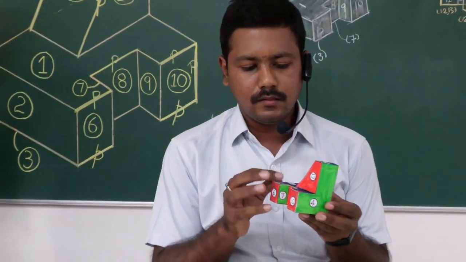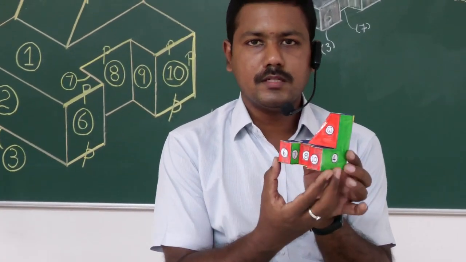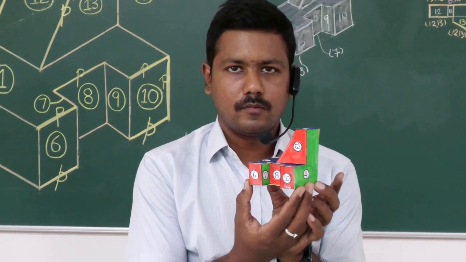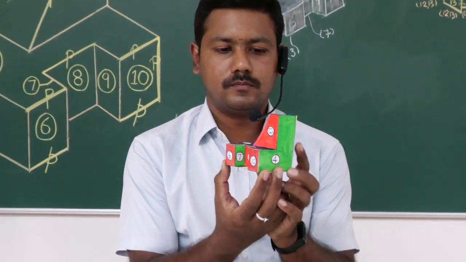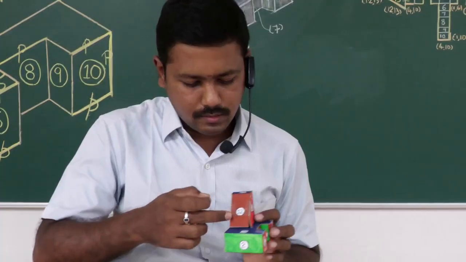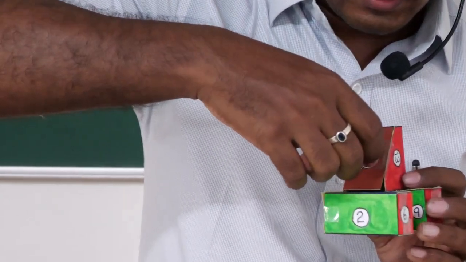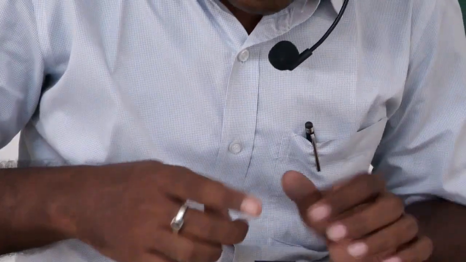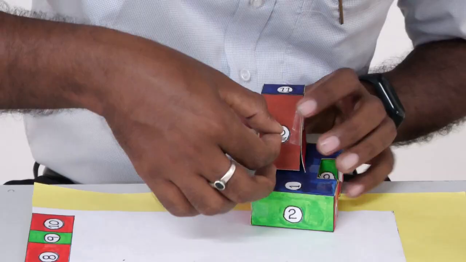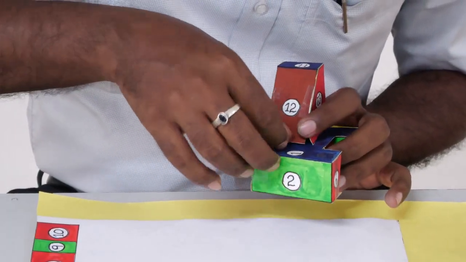So I have pasted the minimum edges and I have made this final model. We can paste faces 12 and 1 also. This slant face with the bottom box can also be pasted. So this is slant 12. This is the top face of the bottom box. This also you can paste.